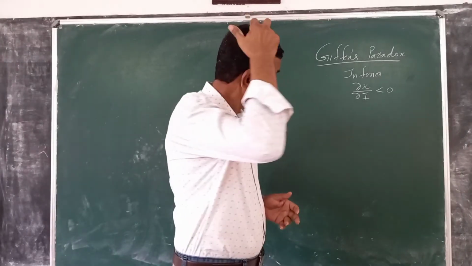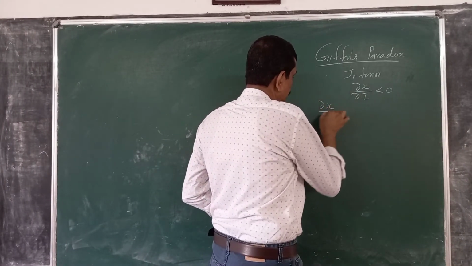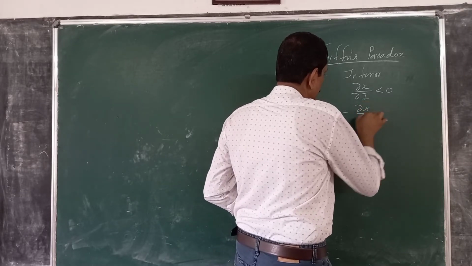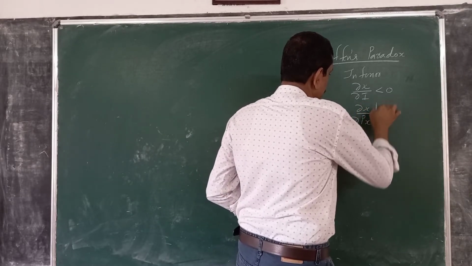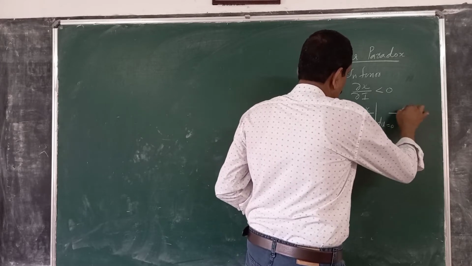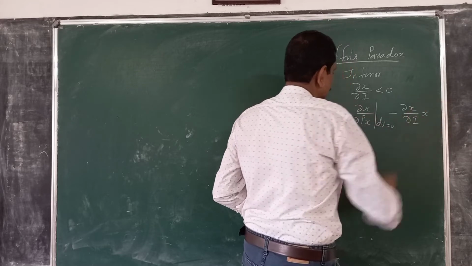And remember this, the total effect ∂X/∂Px is equal to ∂X/∂Px at constant utility minus ∂X/∂I into X.